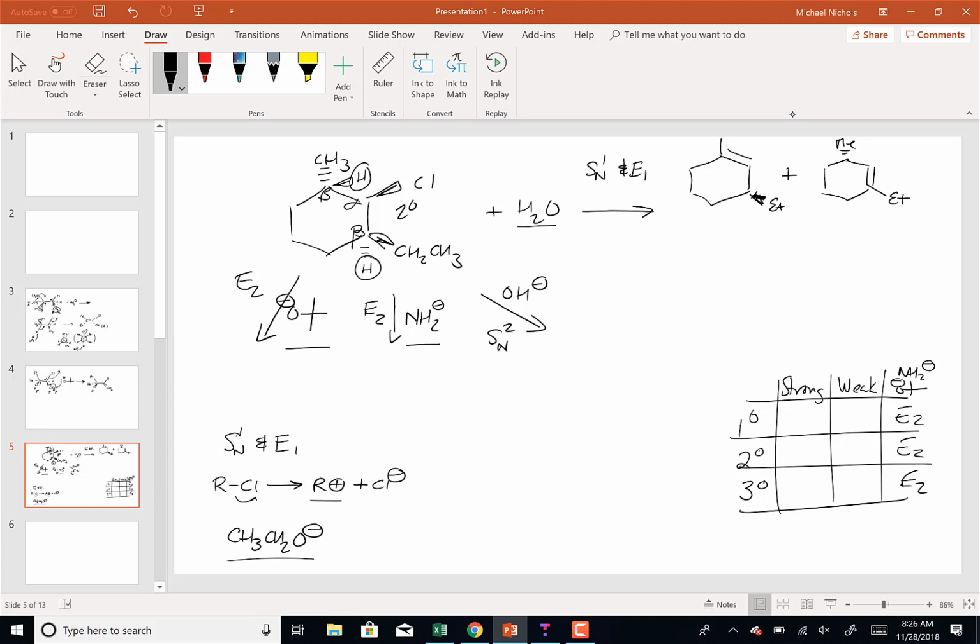For the SN1 part, I'm going to have my methyl group. Nothing happens between my methyl and my ethyl group, but I'm going to have the OH on the bold arrow, and I'm going to have the OH on the dashed arrow.